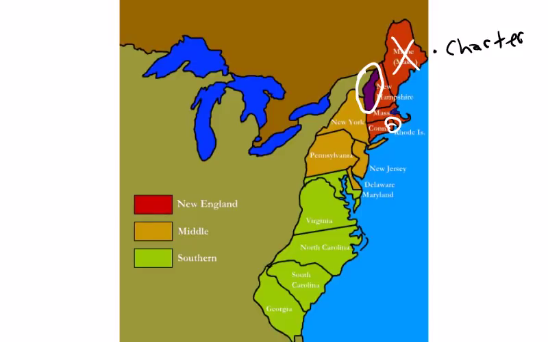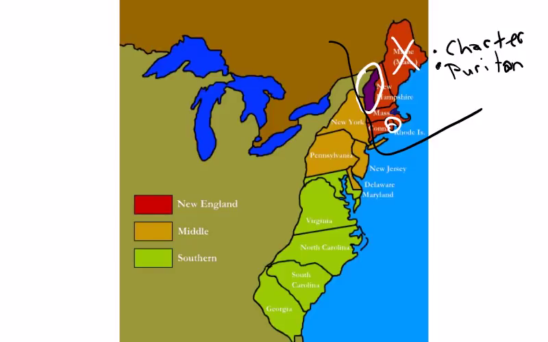Most of the people came here for religious freedom. That means that they are Protestant, mostly, very Puritan, like the Pilgrims up here, okay? And they are very pro lots and lots of freedoms, okay? So that is New England.